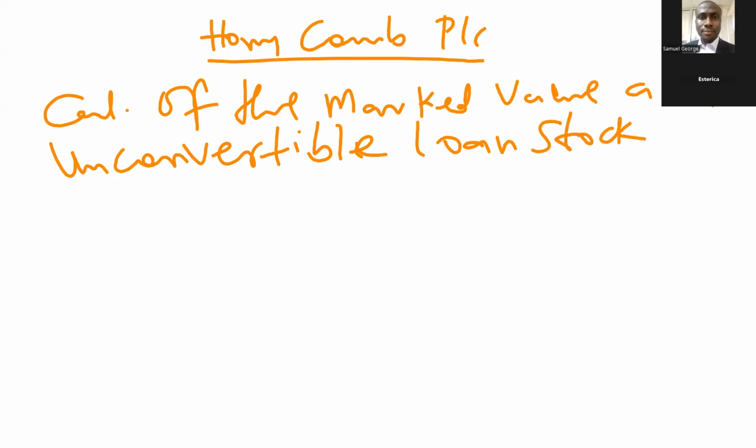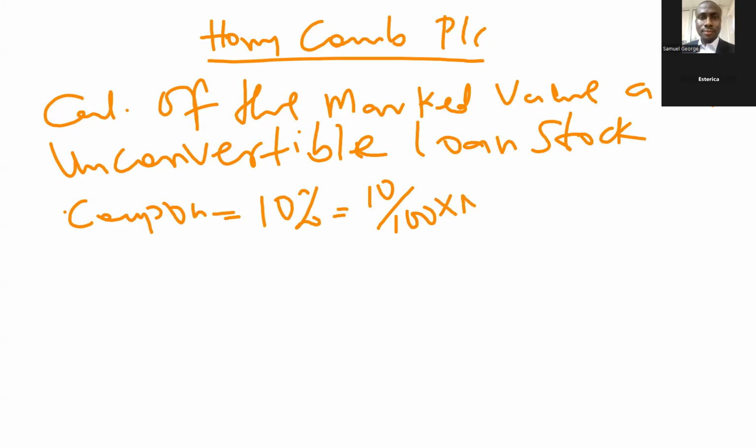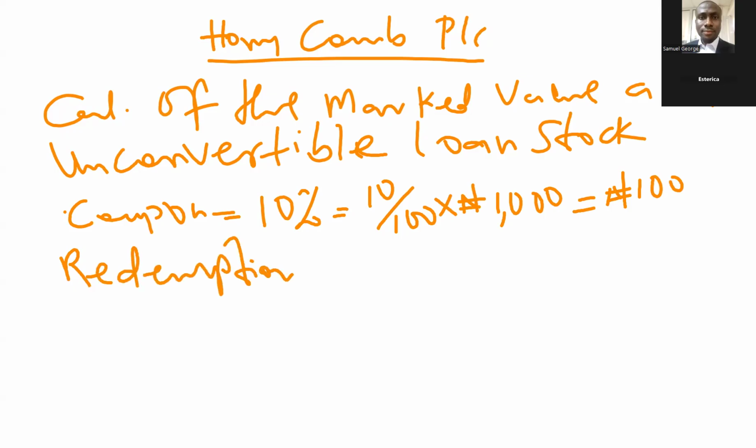Okay, so what we have is the coupon. The coupon is 10%, which is 10 divided by 100 times 1,000 naira, equal to 100 naira. Redemption value is equal to 1,000 naira.